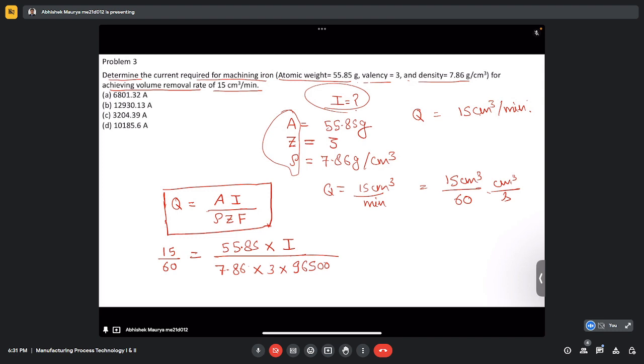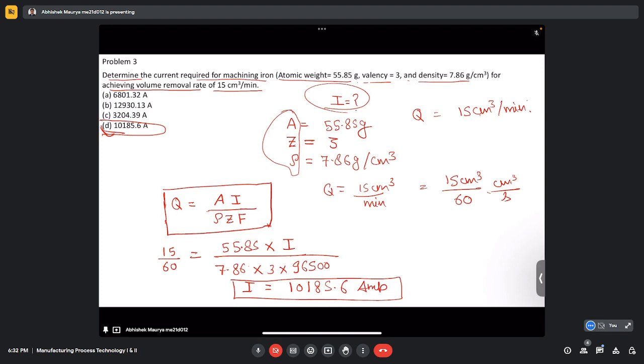So if we solve for I, we will get 10185.6 amperes. So which option is this? It is D. So the correct option is D.